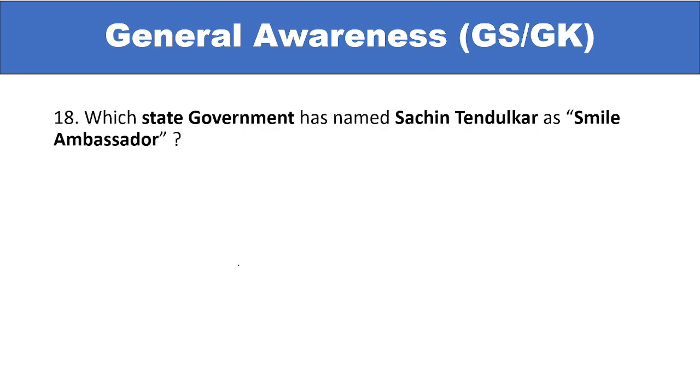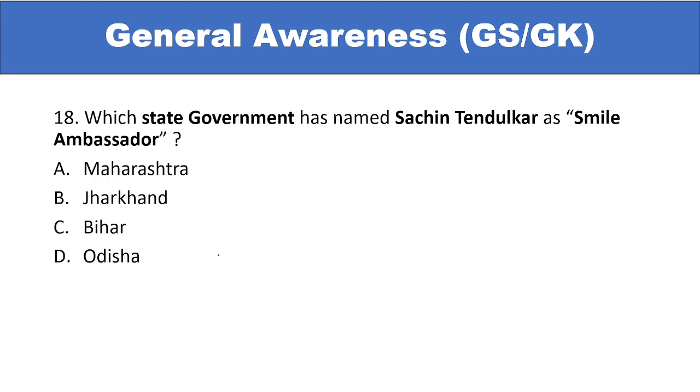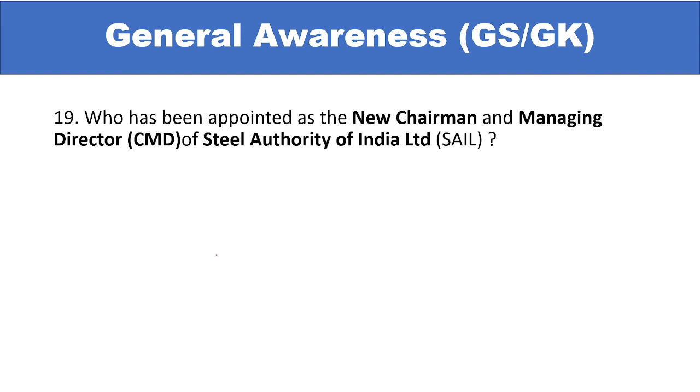Next. Which state government has named Sachin Tendulkar as Smile Ambassador? The options: Maharashtra, Jharkhand, Bihar, Odisha. And the answer is Maharashtra. Next. Who has been appointed as the new chairman and managing director of Steel Authority of India, that is SAIL?